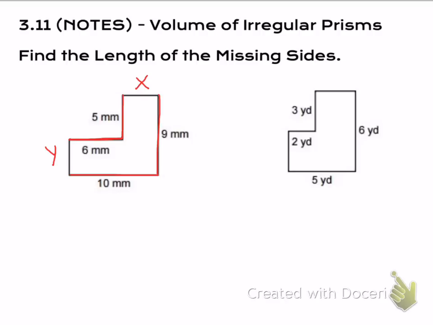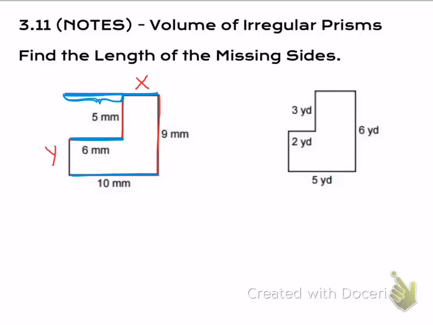When I'm looking at X up here on the top, I know that I need to look at the bottom of the triangle, knowing that this side is 10 millimeters, which means that all the way across here would be 10 millimeters. And I need to look at the fact that this piece is 6 millimeters, because this right here would be 6 then. So I know that all the way across is 10, and this piece is 6.